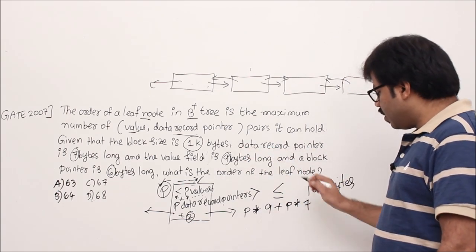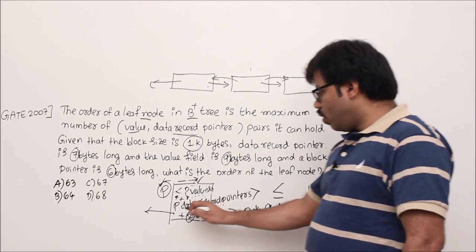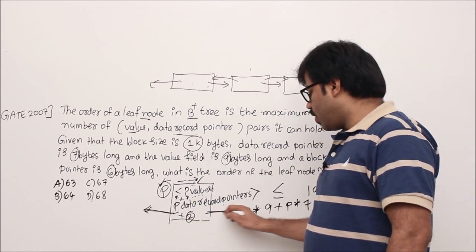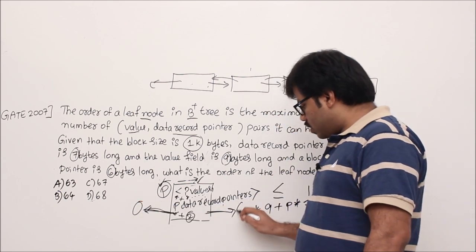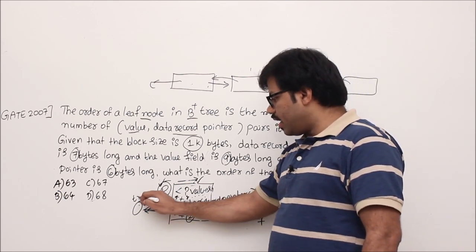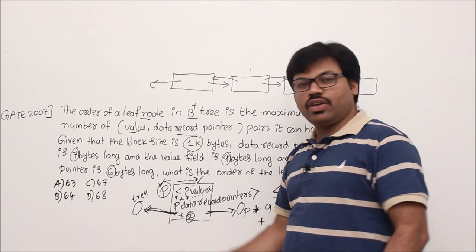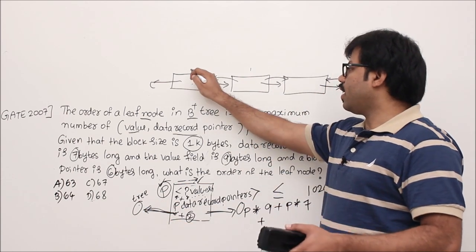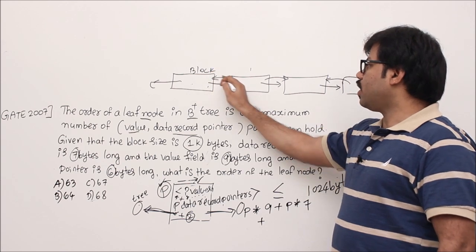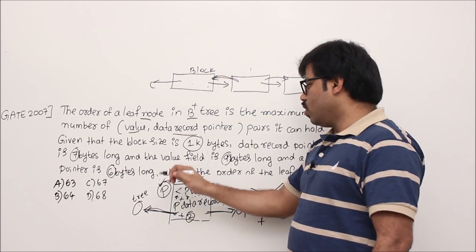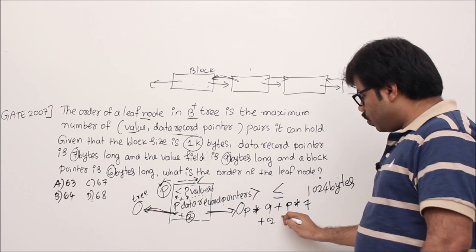That's why it is 7. Plus you are going to store two extra pointers. What are they? They are pointers to the nodes, correct? Each is a tree pointer, going to point to the next node in the tree. These are blocks in the implementation. So each pointer is going to point to another block. So two block pointers we are going to use finally.